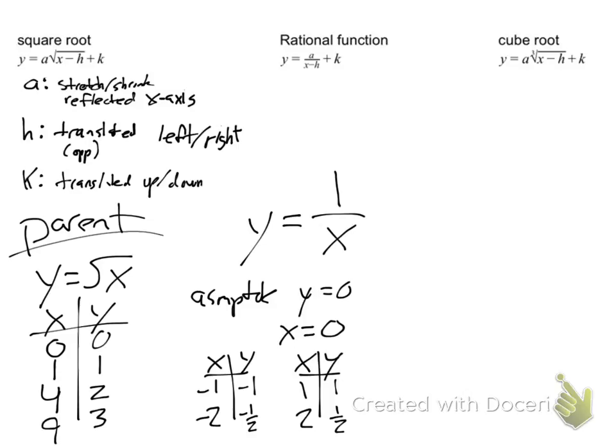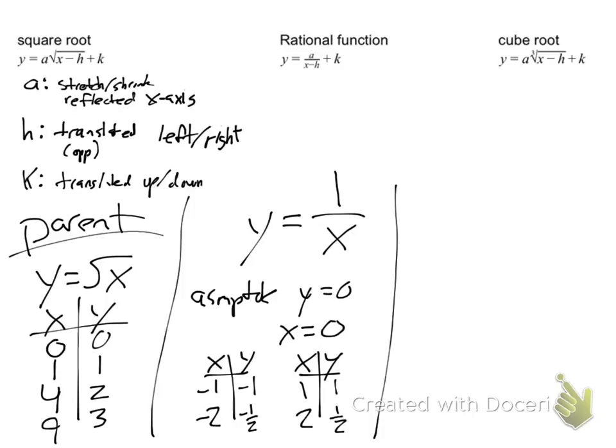Guys, that will be my parent. Then all I have to do is take those 4 points and move them. Stretch them, shrink them, left, right, up, or down. That's all I'd have to do and plot the final results when we get to that child. That's all for the rational function.